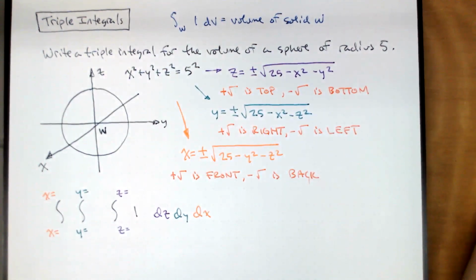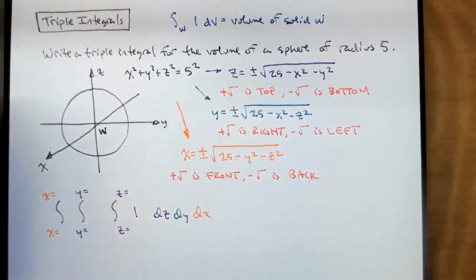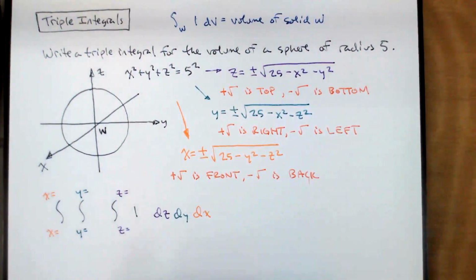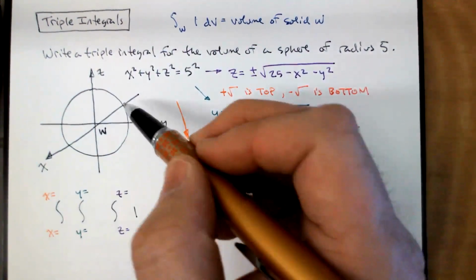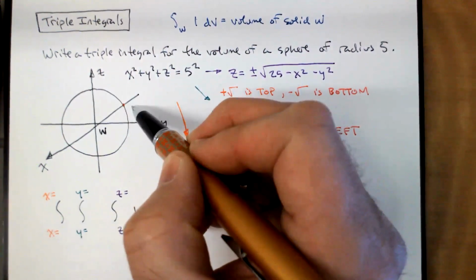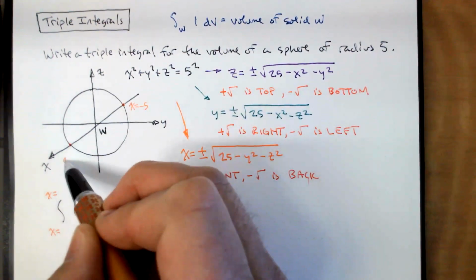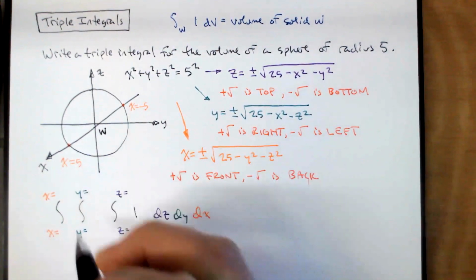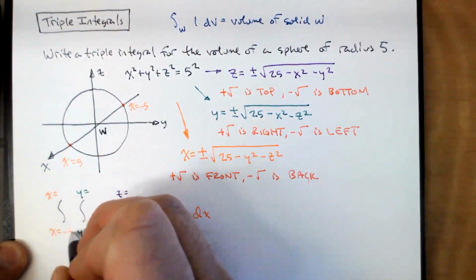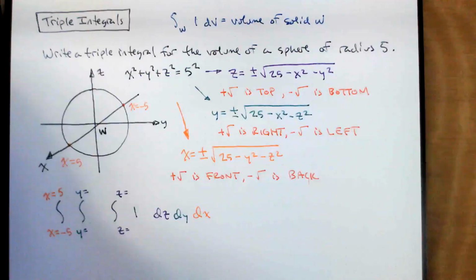Now, if we have a sphere of radius 5, that means all these endpoints are at 5. So if I look at the x's, the lowest x value is here at -5, and the largest x value is up here at x equals 5. So we'll integrate from -5 to 5.